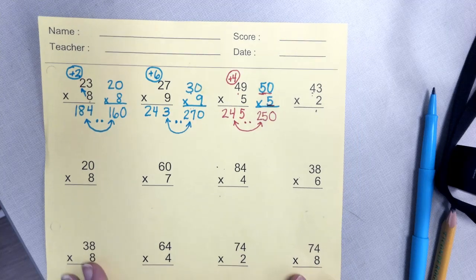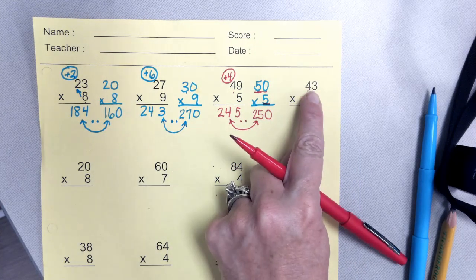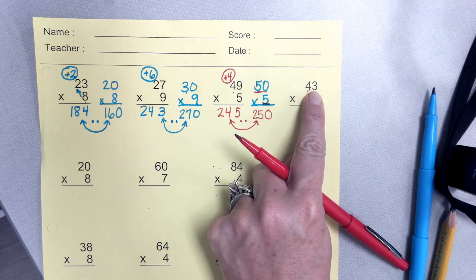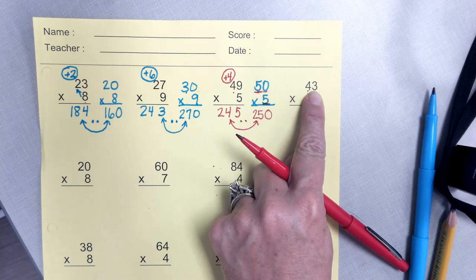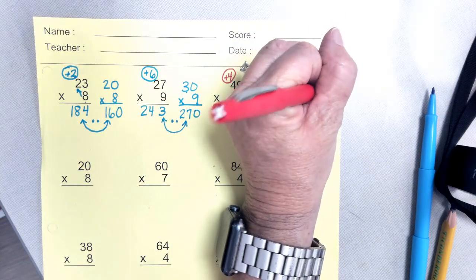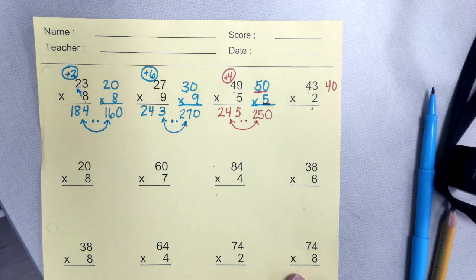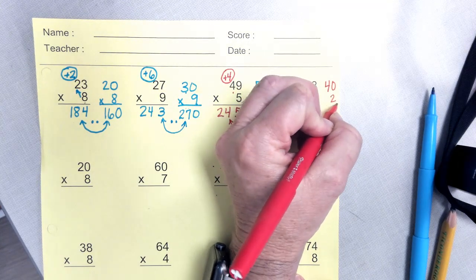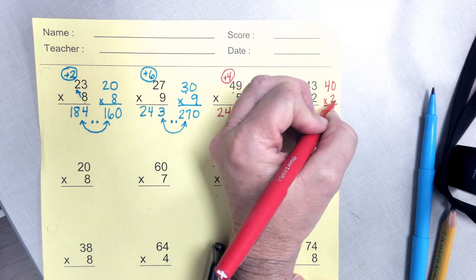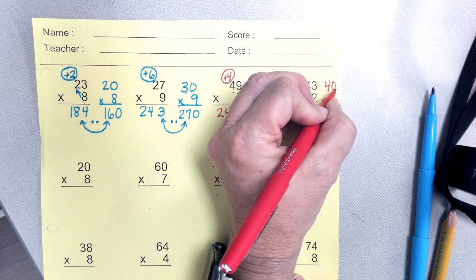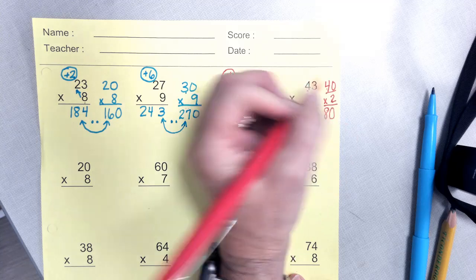Our final problem in this row is 43 times 2. So 43, I have to think, is that closer to 40 or on its way to 50? 43 is most definitely closer to 40. It's only 3 away. And I'm going to slide the number 2 over. 2 groups of 40, or 2 groups of 4, is 8. So 2 groups of 40 is going to give me 80.